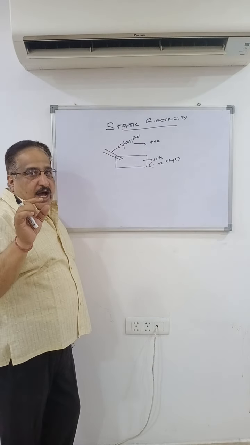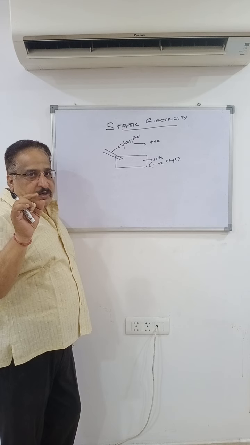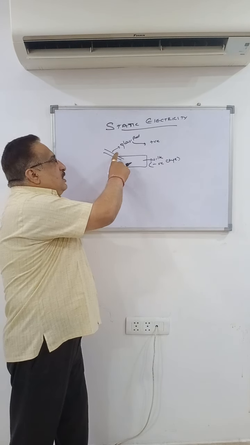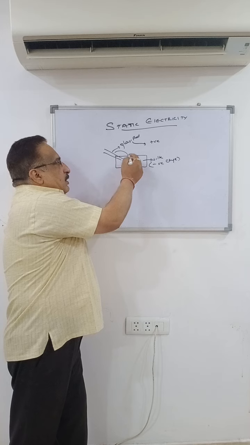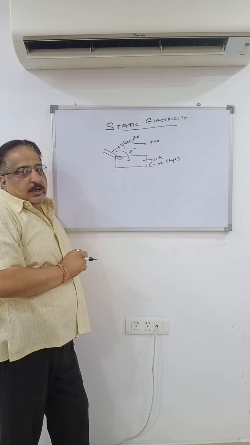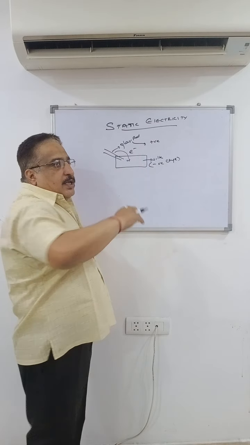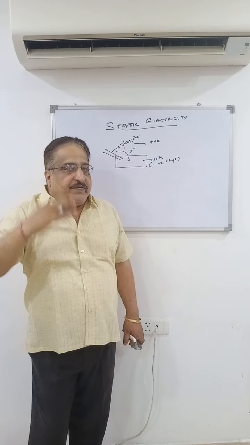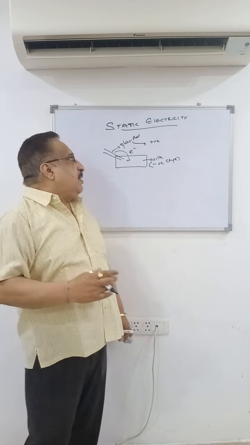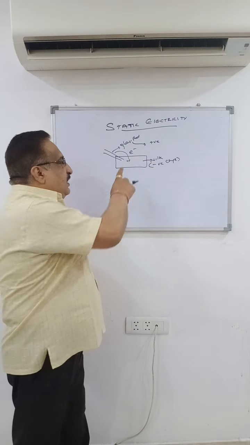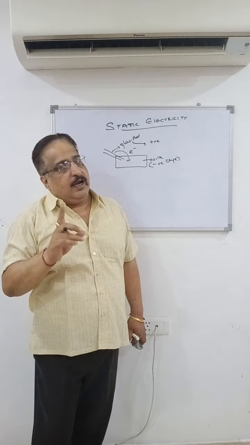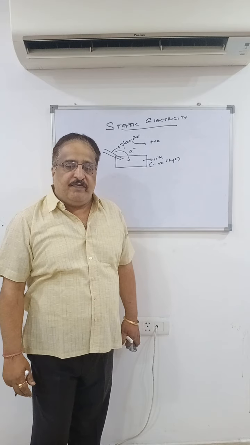The negatively charged subatomic particles, the electrons, flow from the glass rod to the silk cloth, due to which the glass rod is negative charge deficient, due to which it becomes positively charged while the silk acquires a negative charge. This is example number 1.